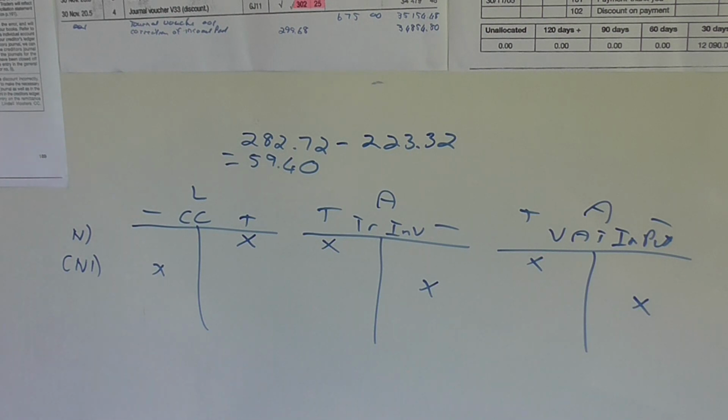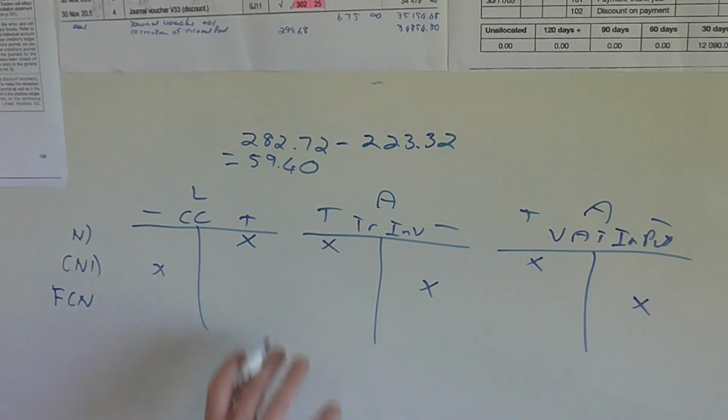Okay, but now we need to fix it. Let's first see what we did. Credit note T10 in our books was 282.72. It should be 223.32. So this is the fixed credit note. In other words, we added too much to the credit note, 59.4 Rand more than we're supposed to. To reverse that, we don't add it, we deduct it from the 282.